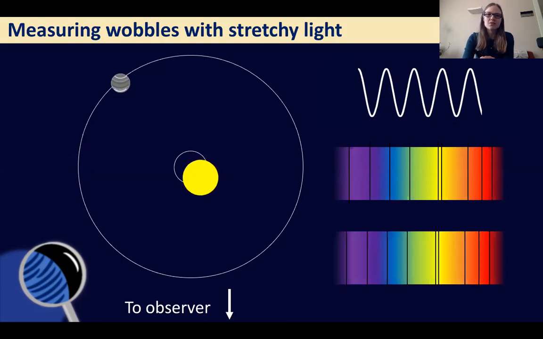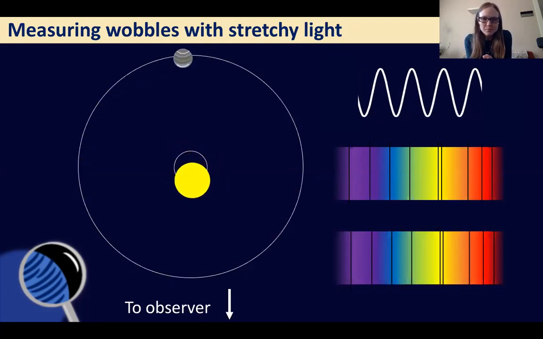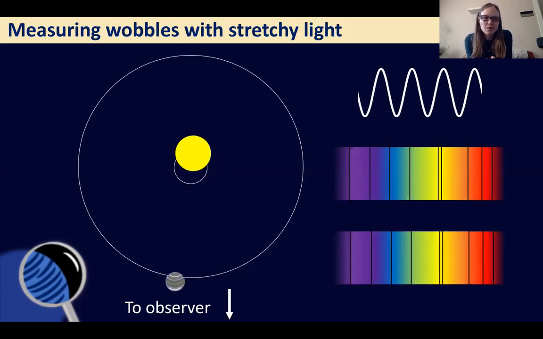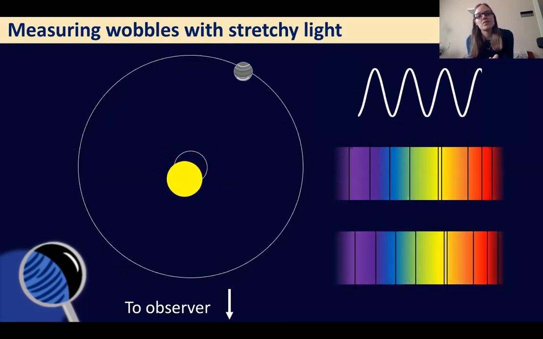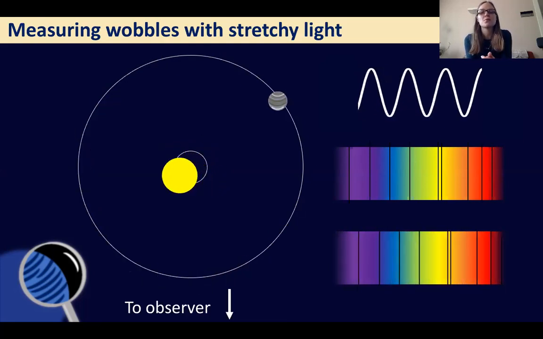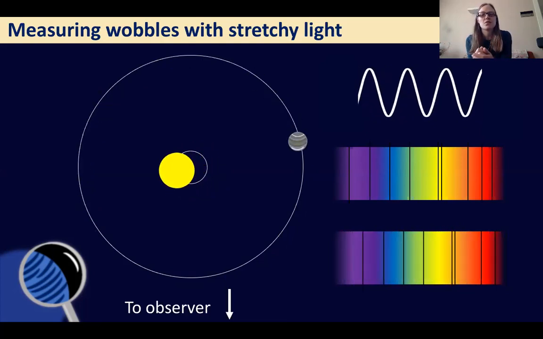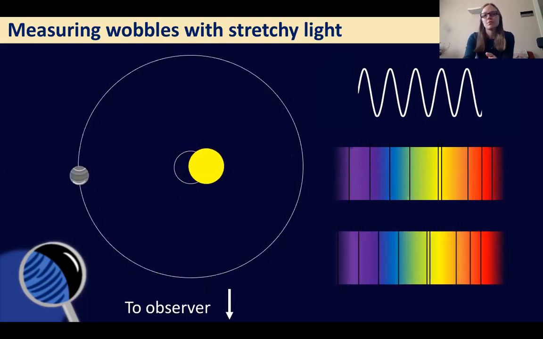So we can detect these stretches and compressions of the light wave. So this has been done for a number of stars, and it's been confirmed that they do indeed have a planet in orbit around them, because we can detect that the light from the star is stretching and compressing as the star moves towards us and then moves away from us again.